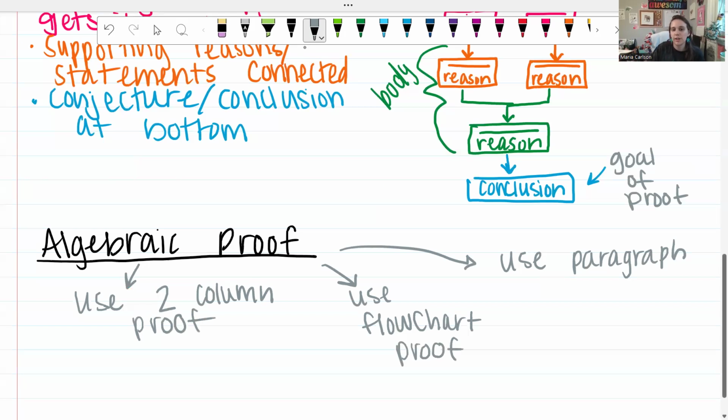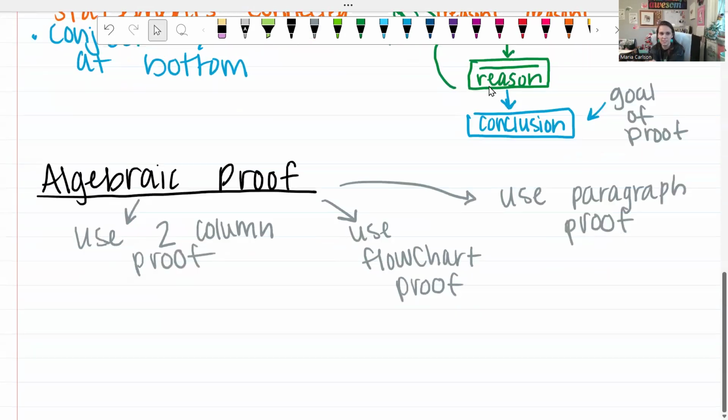A lot of times your algebraic proof, your goal is to prove maybe you're trying to prove that x plus 3y minus 4 equals 10 if and only if some other statement is true. That's just one example.